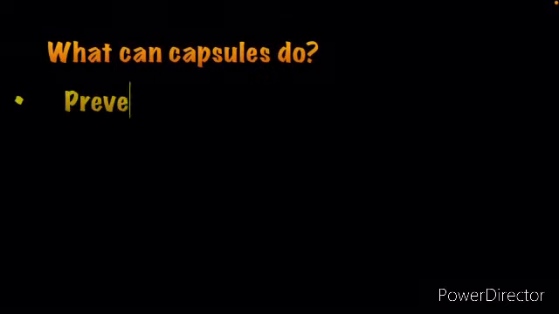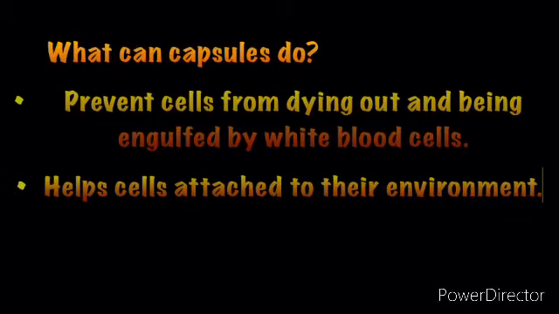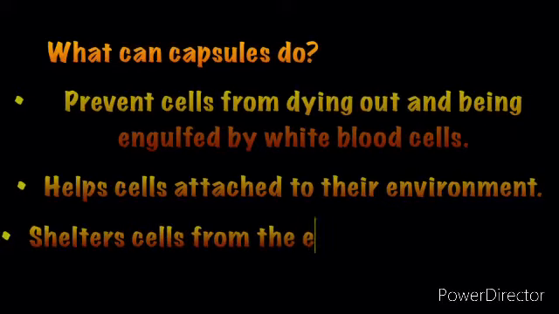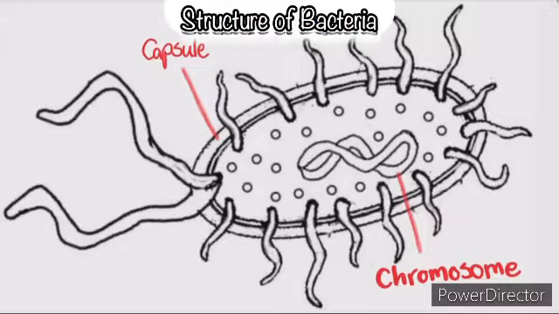The first one is they prevent cells from dying out and being engulfed by white blood cells. They also help cells attach to their environment, and they shelter cells from the effects of antibiotics. So as we can see, the capsule, which is basically a layer of polysaccharides, is the outermost layer surrounding the bacterium, and not all bacteria have a capsule.